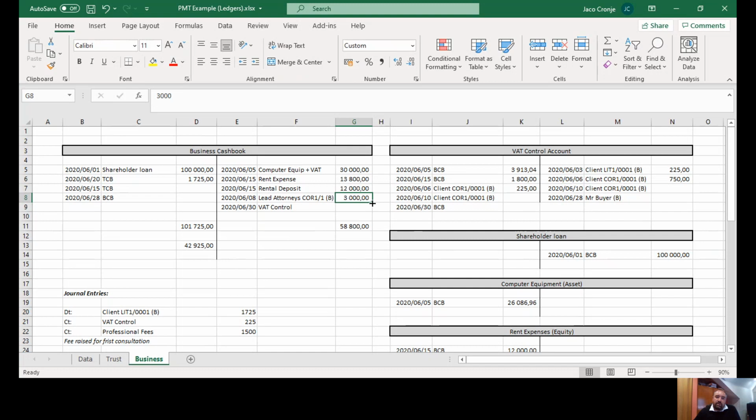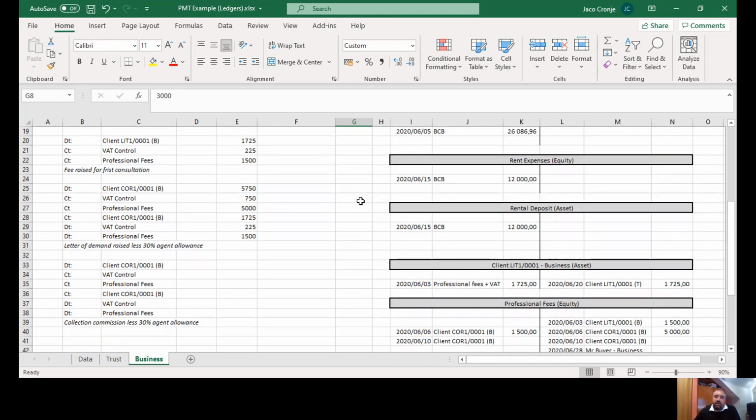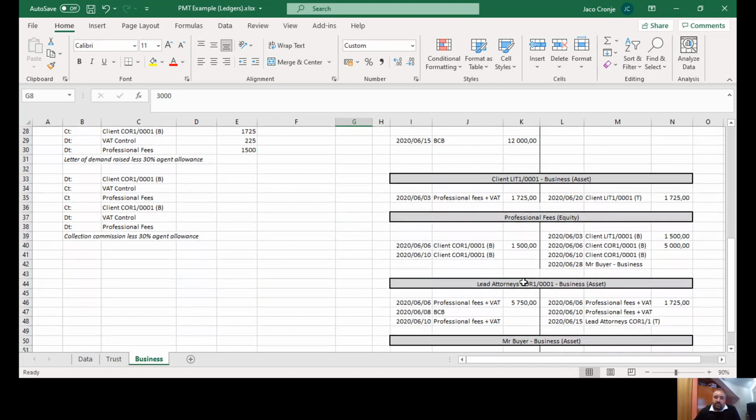So I'm going to enter the debit leg onto their ledger. So from my business cash book, I'm going to debit them by 3,000 Rand to say that you owe me my work that I've done plus VAT, less your allowance, but you're going to pay me the full amount of my disbursements. If there's money that I have to spend on the file, then agent's allowance is not applicable to disbursements.